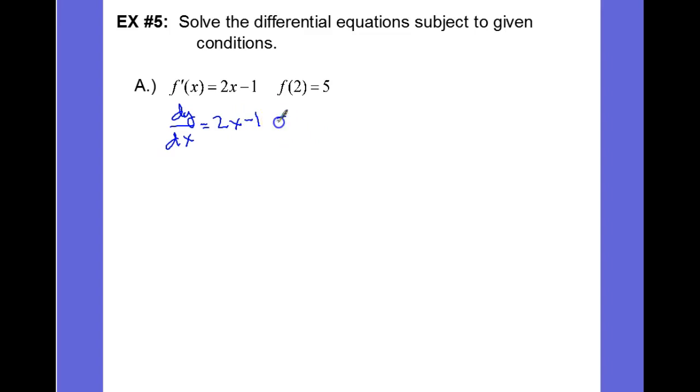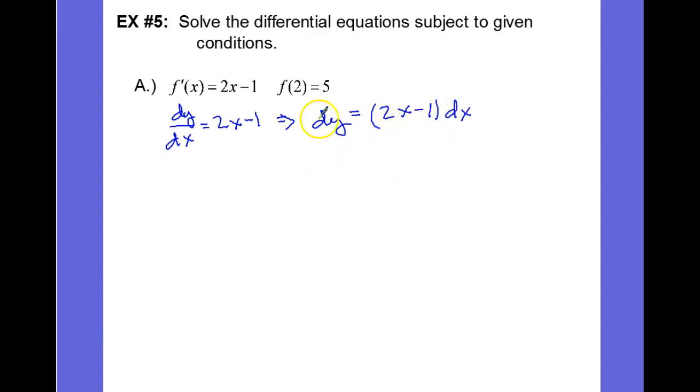And so, we can now multiply through by dx. We get dy is equal to (2x minus 1) dx in parentheses, so the dx is being distributed across both of those terms.